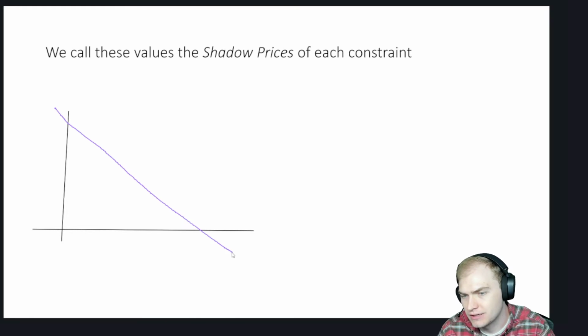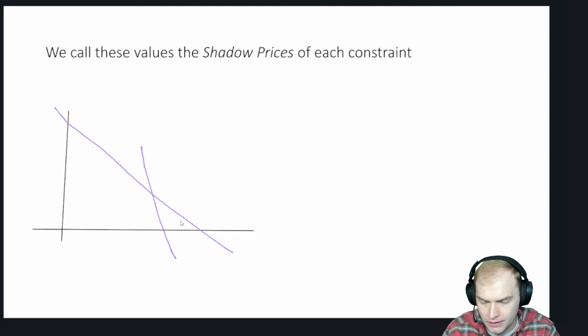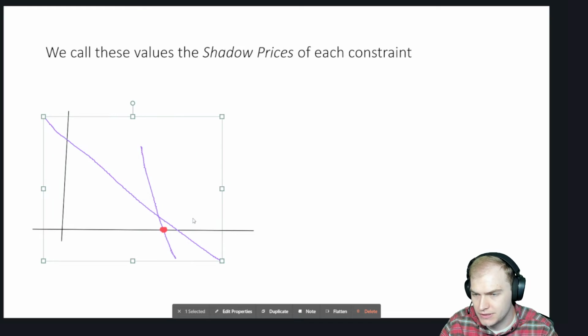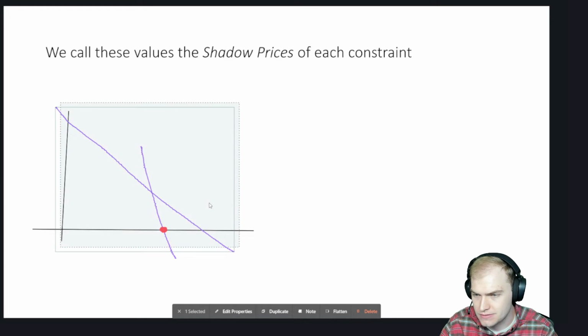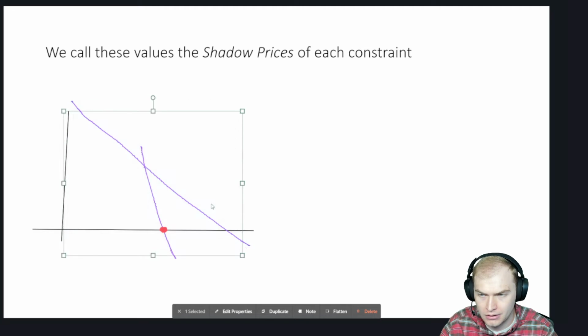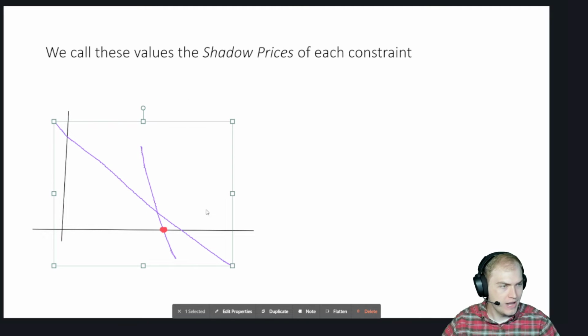And we had this constraint and this constraint. But this was the optimal solution. Notice that we can move this other constraint. We can move it around and not change the optimal solution.